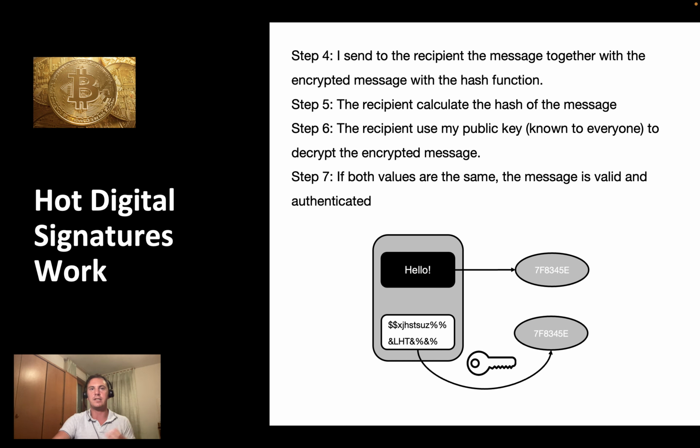This method is used to authenticate the transfer of value by signing a transaction and by verifying a transaction. With this step, we remove the need for a centralized list of usernames and passwords.